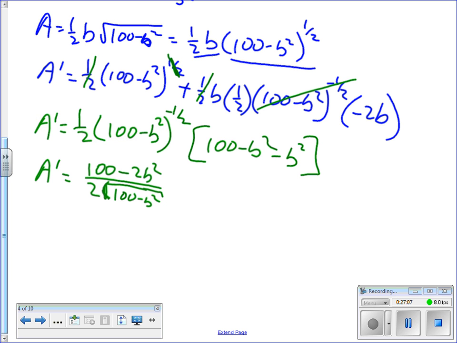And I can actually simplify that another step, right? Yes, what question? Right. So 1/2 and the negative 2. So I have a 1/2 b here and a minus 2b there. Gives me a minus b squared. Divide everything by 2 to simplify that down just a little bit further. A prime equals 50 minus b squared all over the square root of 100 minus b squared.